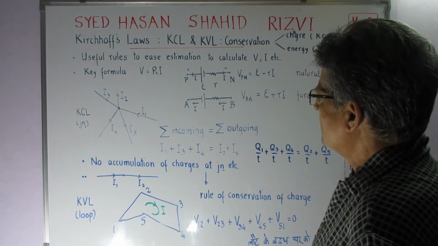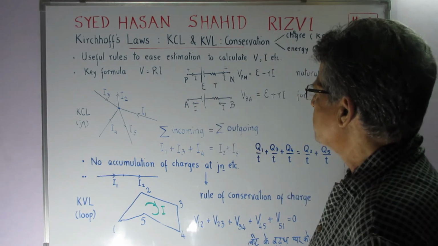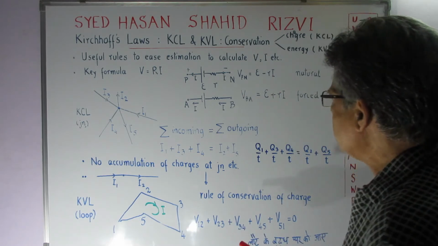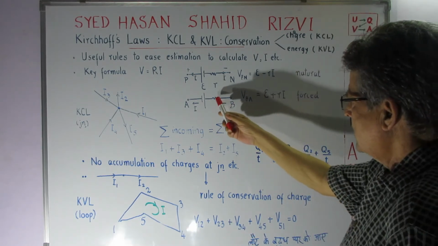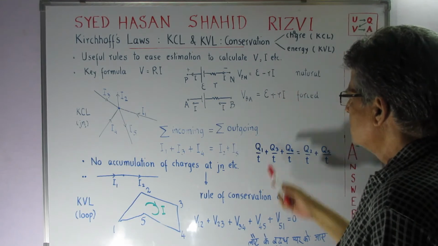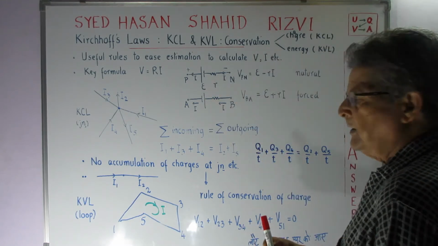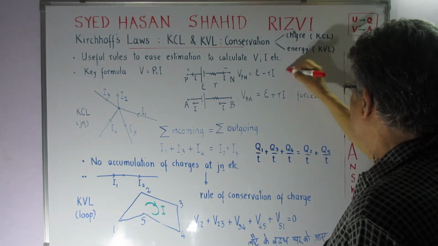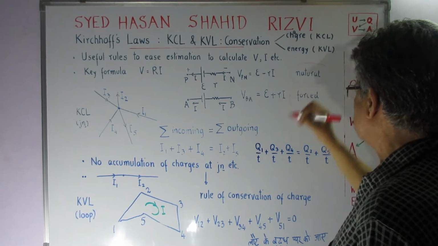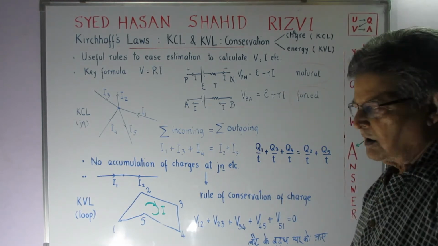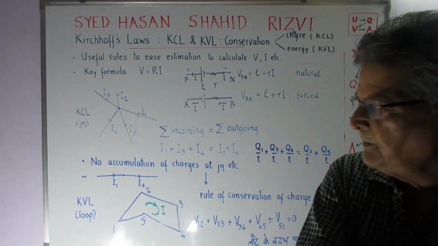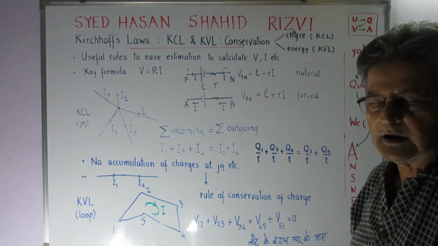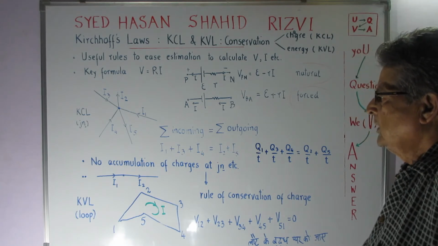So from right hand side to left hand side, VBA we'll write as small r into I plus E. Okay. So this is how we are going to represent in the natural position and in the forced position of current, wherever that comes.